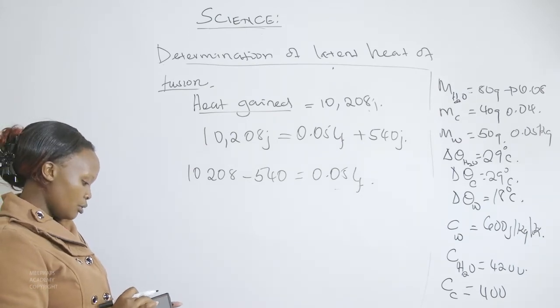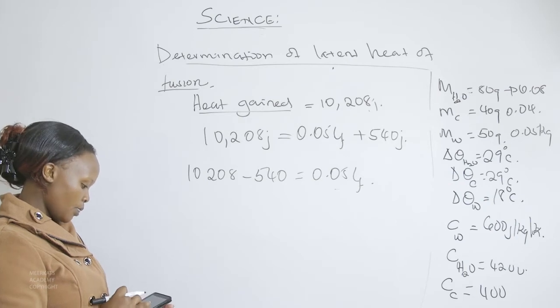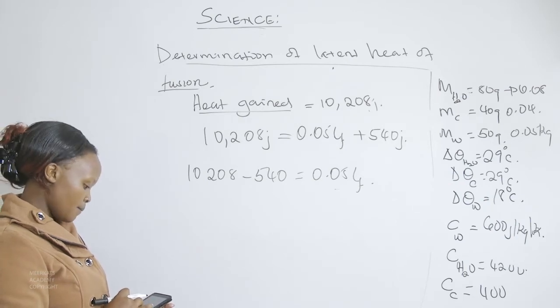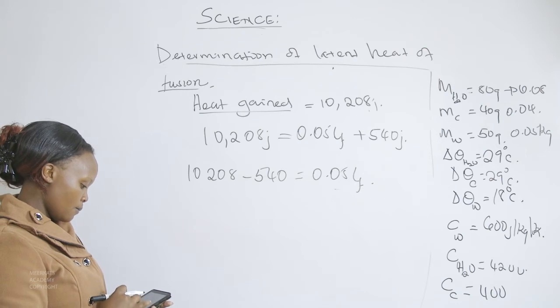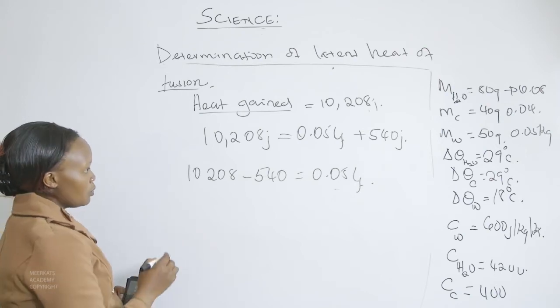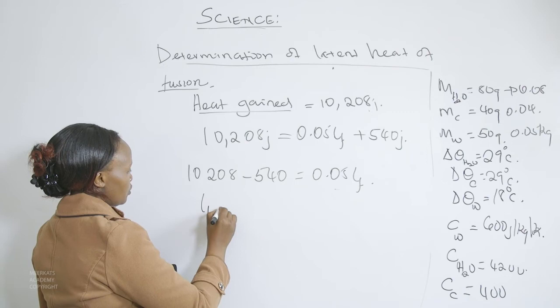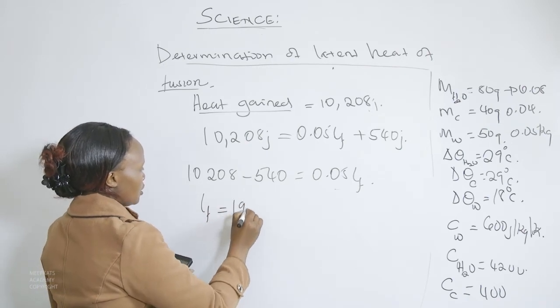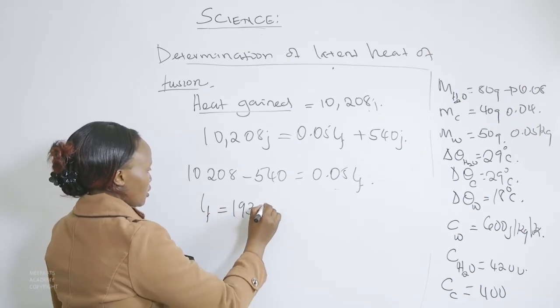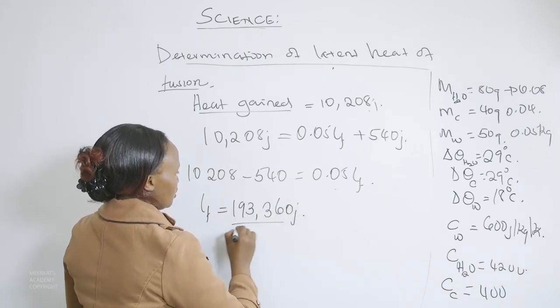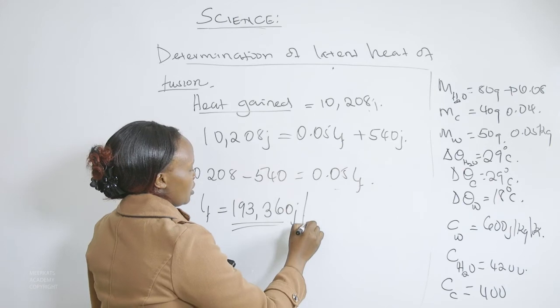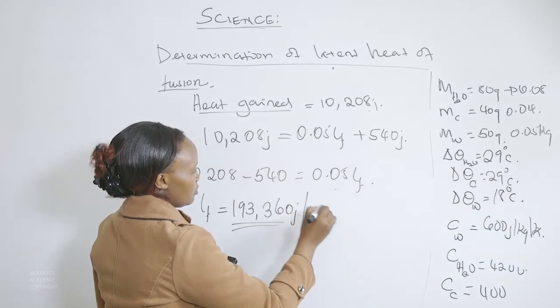And when we compute that, we get the latent heat of fusion as 193,360 joules per kilogram.